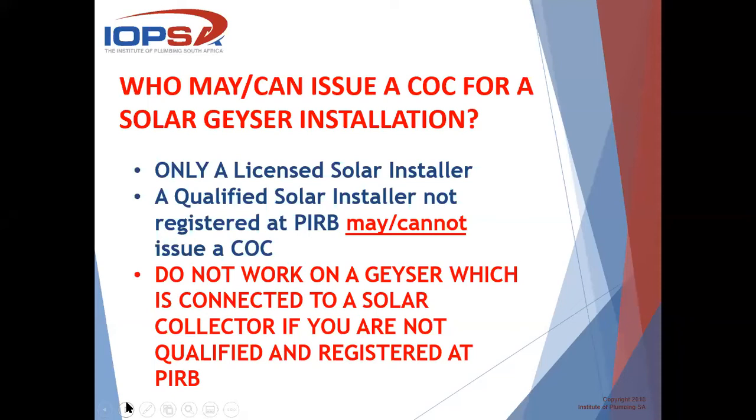I recently had a situation where a 250-liter tank burst on the weekend. The plumber, obviously trying to do good, replaced the 250-liter geyser with a 200-liter geyser, and afterwards the problem started because now the solar collector is overpowering the system.